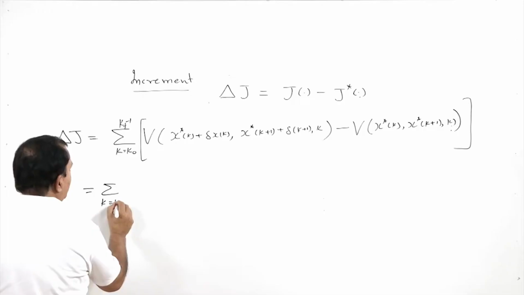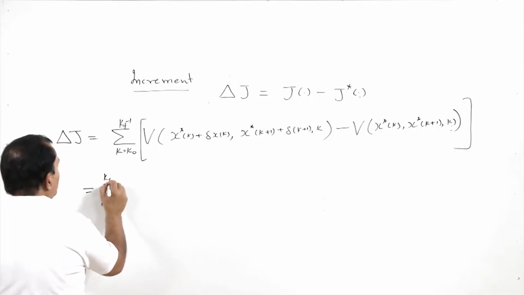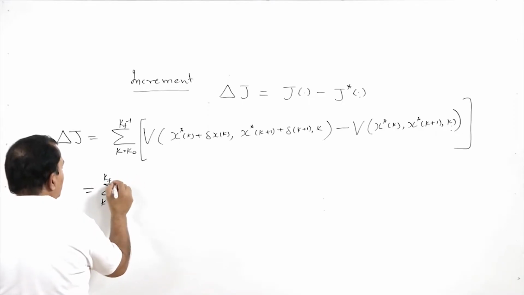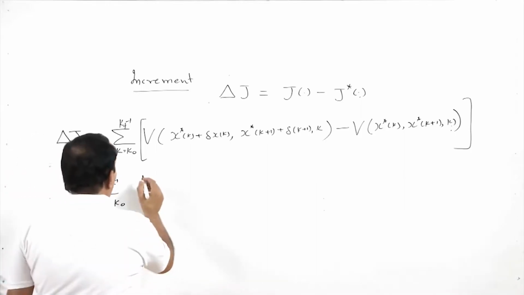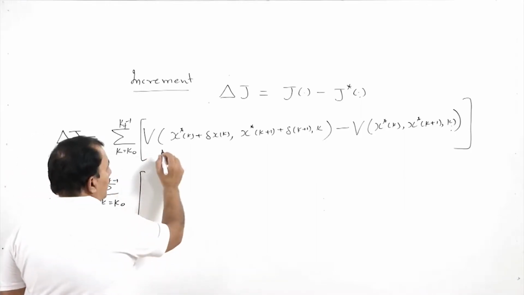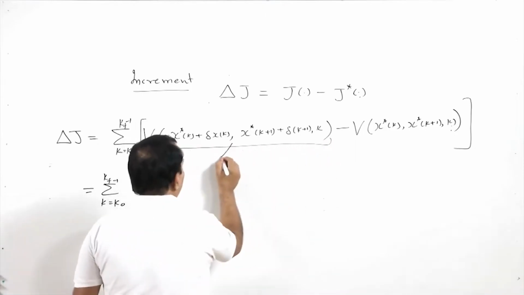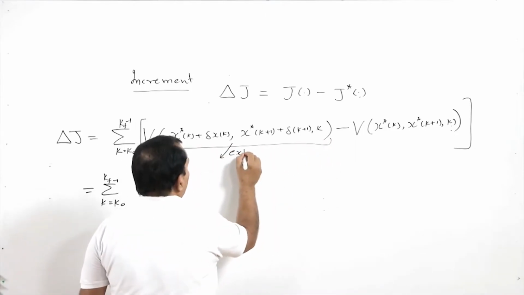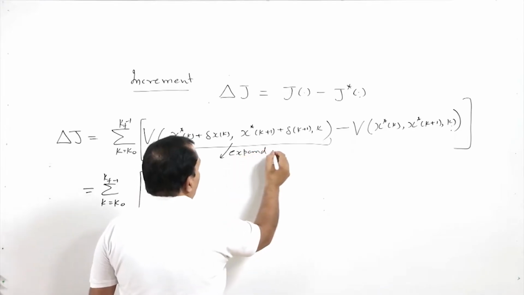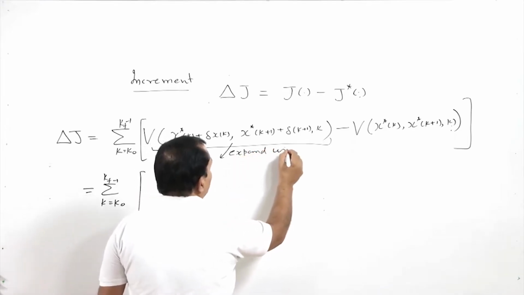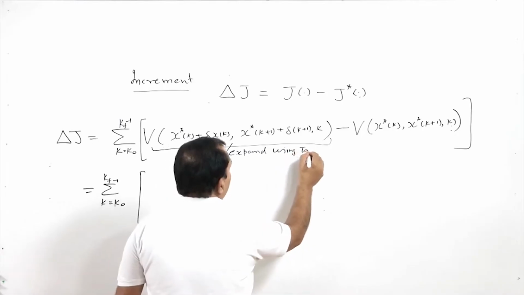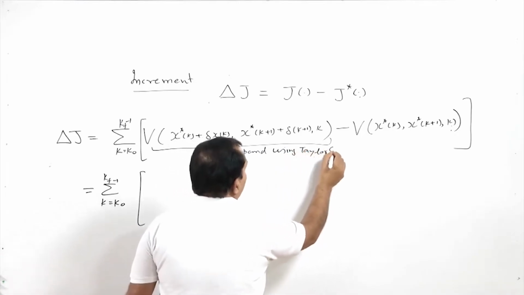Which is nothing but sum from k0 to kf minus 1. The first term I am expanding using the Taylor series.